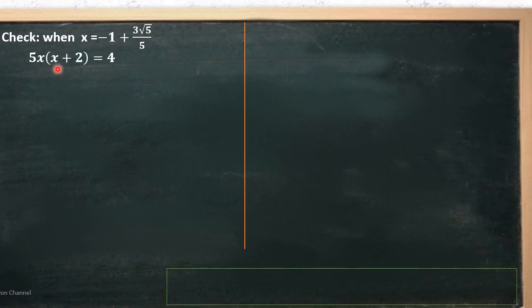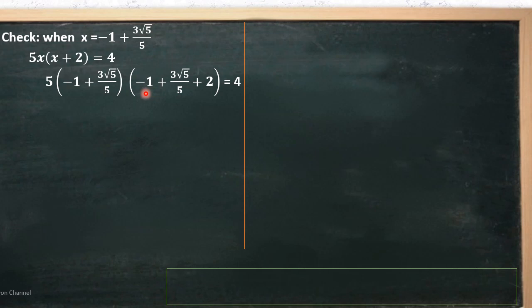5x times quantity of x plus 2 equals 4. Now substitute x by this value, and the resulting equation will become 5 times quantity of -1 plus 3 square root of 5 over 5 times -1 plus 3 square root of 5 over 5 plus 2 equals 4. Now we have to check first if there are terms inside the parentheses that can be combined.